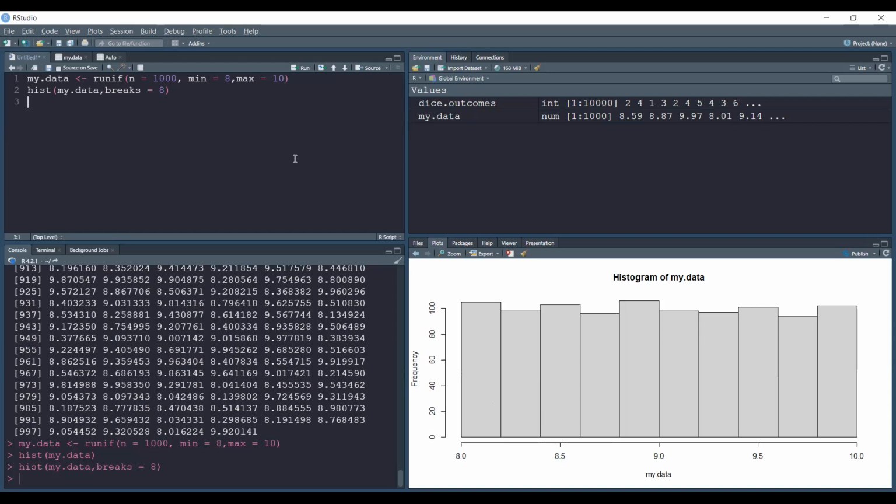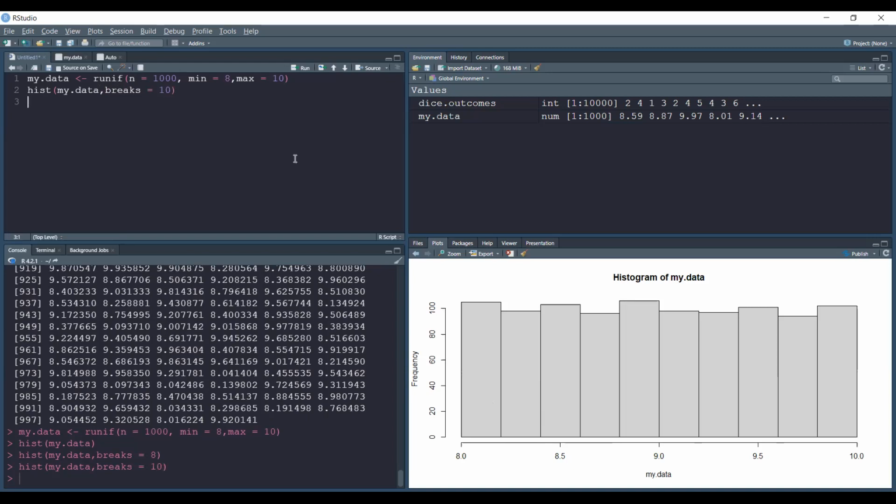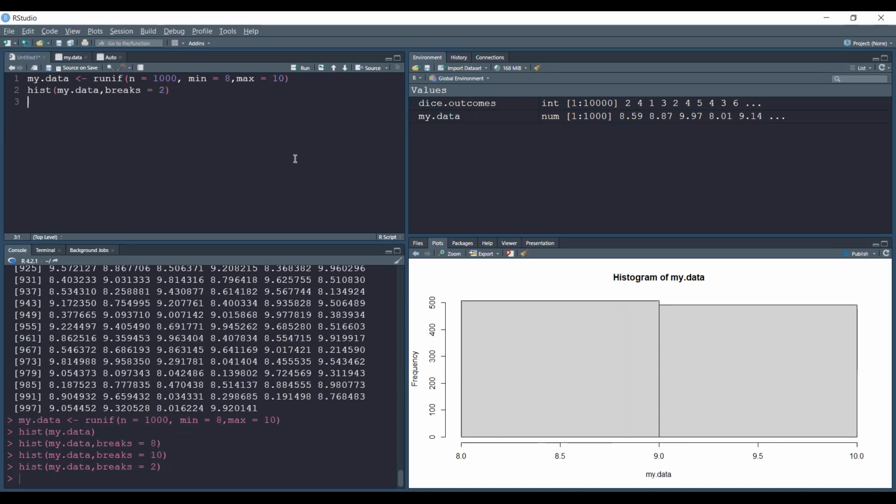What if we take 10 buckets? What if we take 2 buckets? Okay, so you can see why we're calling this uniform. There is roughly no difference. Statistically, it would be statistically insignificant between the number of values between 8 and 9, and the number of values between 9 and 10.